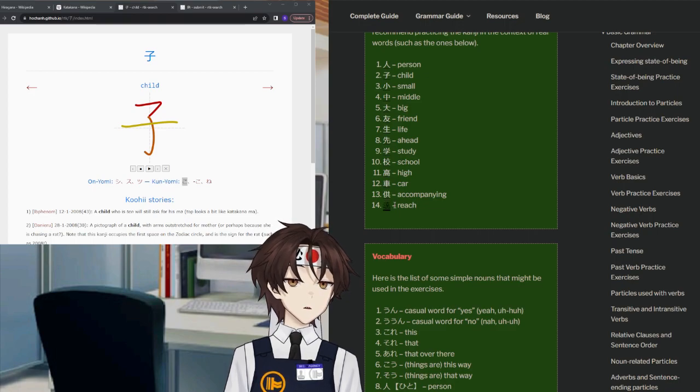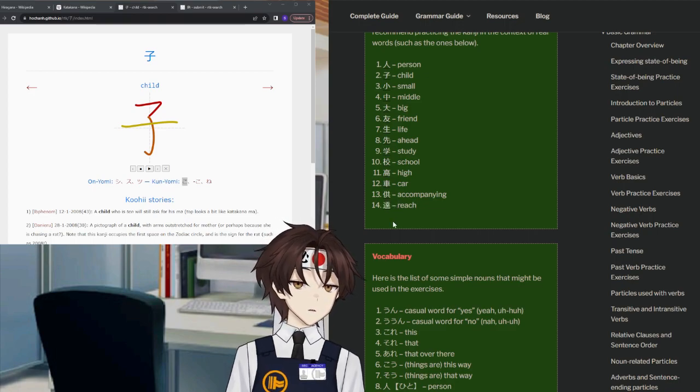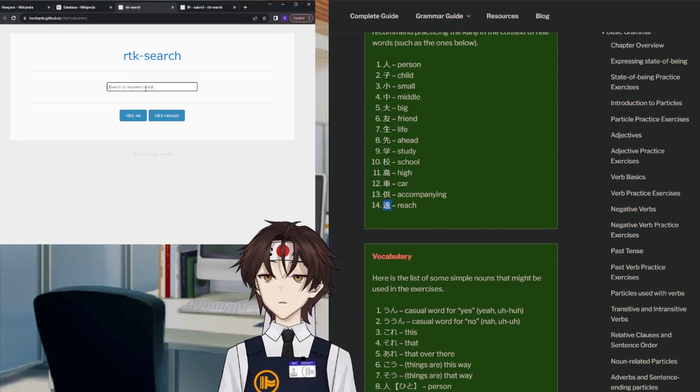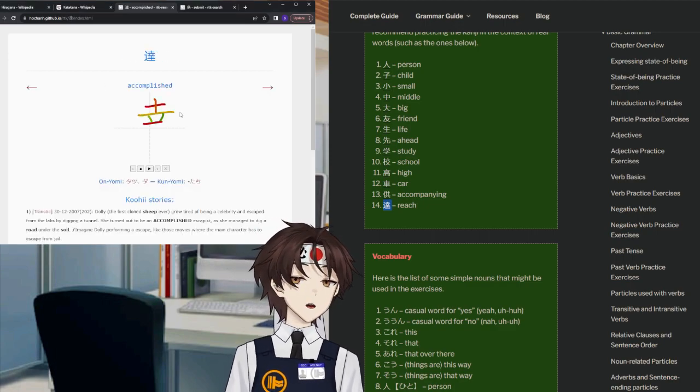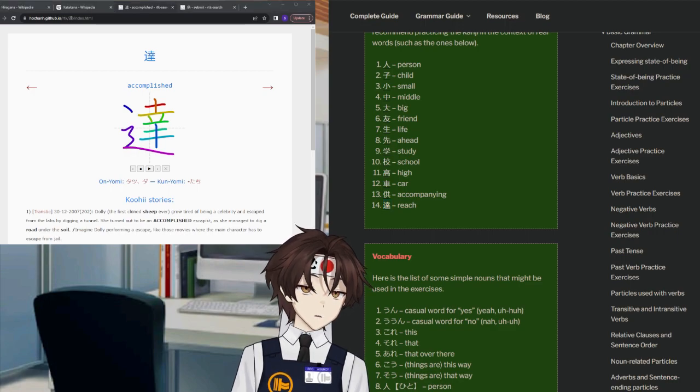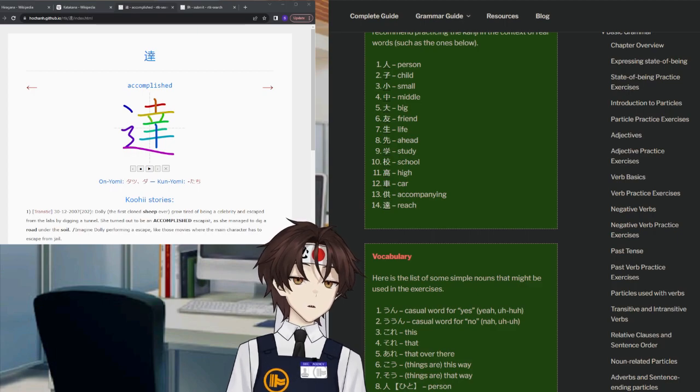Reach for the sky. No. Okay, so what's this for? Best friend. Okay, so accompanying for child, tomodachi. Okay, so best friend probably.